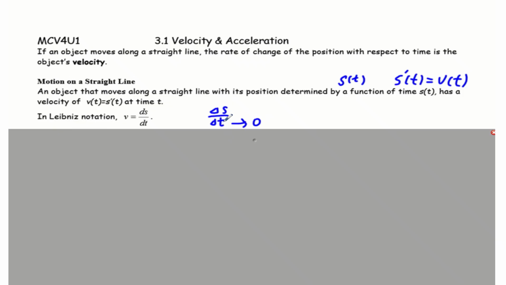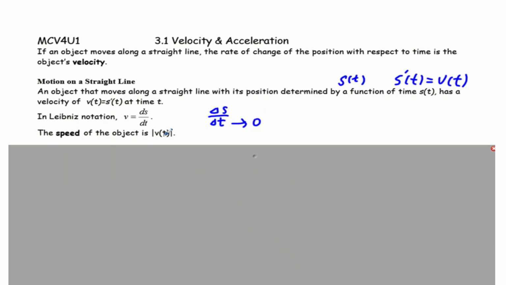The limit of the rate of change is our instantaneous rate of change, and that is our velocity. The speed of the object is the absolute value of velocity, which means speed is always positive, but velocity may be positive or negative depending on the direction.